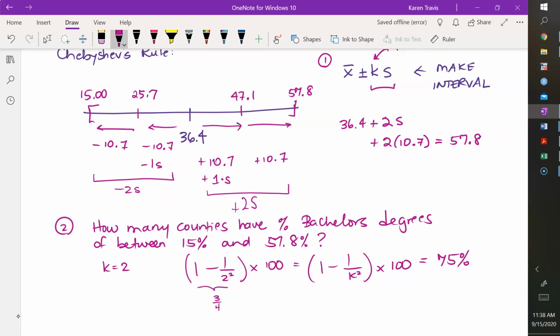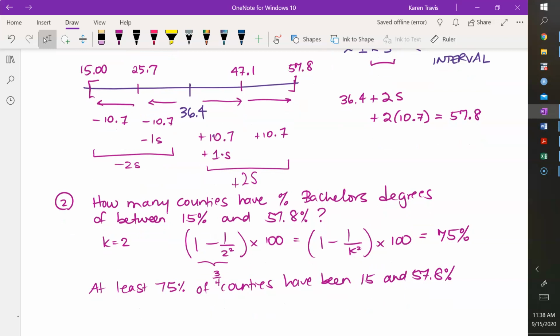That works out to 75%. So our answer is that we know at least 75% of counties have between 15 and 57.8% with bachelor's degrees or above.